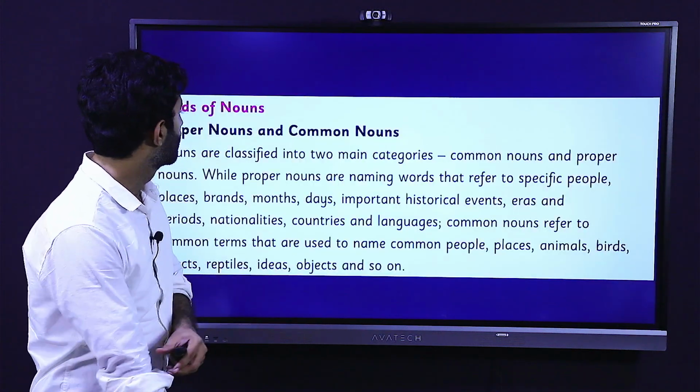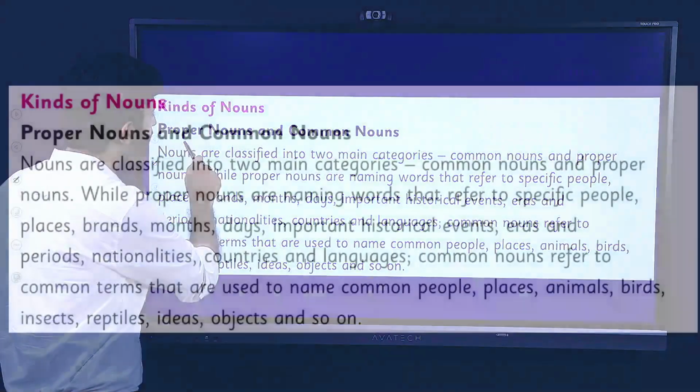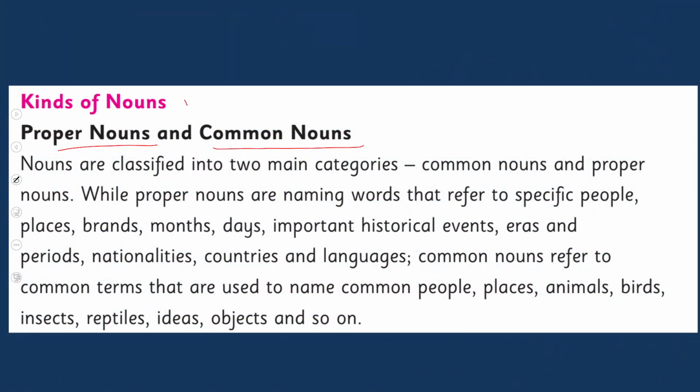Now, let's talk about proper nouns and common nouns. Nouns are classified into two main categories. Common nouns that are common, you can see them everywhere. And proper nouns, these are nouns that have a specific reason to be called a proper noun.